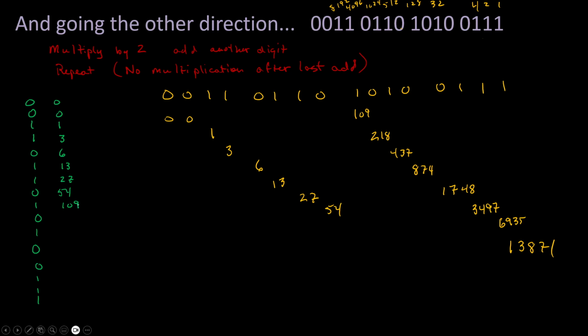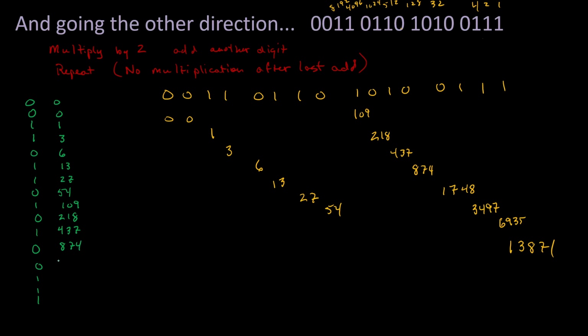At least get that far? Okay. Times 2 plus 0 is 218. Times 2 plus 1 is 437. Times 2 plus 0 is 874.